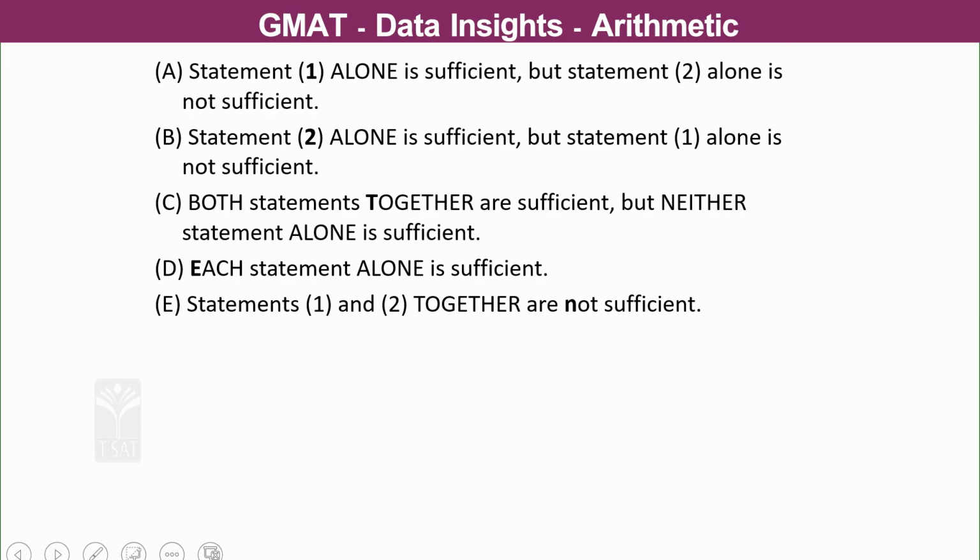Answer option C is when both statements together are sufficient but neither statement alone is sufficient to answer the question. Answer option D is when each statement alone is sufficient to answer the question, and answer option E is when statements 1 and 2 together are also not sufficient. So you will have to pick one of these answer options based on the information given in the question.